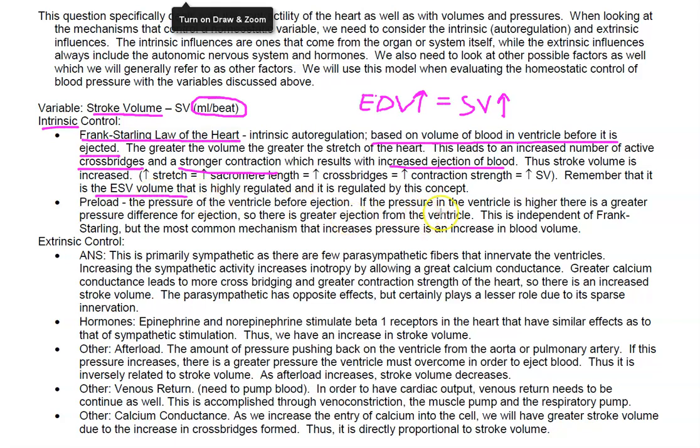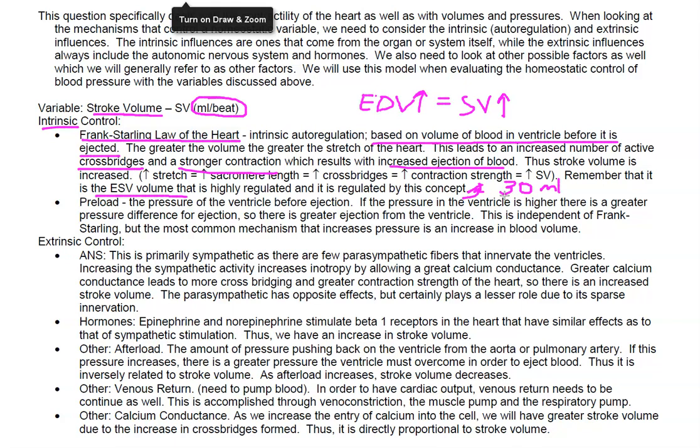So if your end systolic volume is 30 mLs, for instance, if that's normal, and let's say your end diastolic volume is 100, that means your stroke volume would be 70. But if you put 150 mils in your left ventricle or right ventricle before ejection, then you're going to pump out 120.